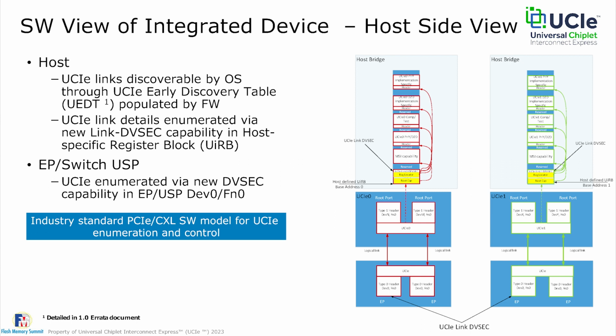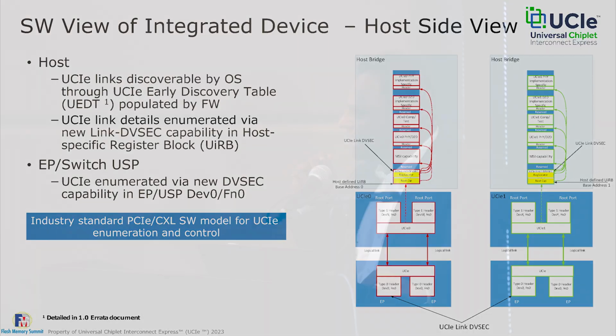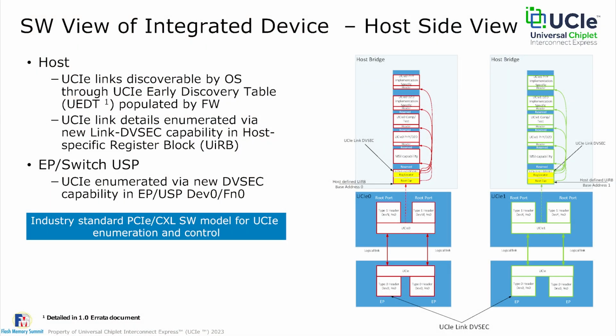Each one of them has a base address where it starts, so it's just an MMIO map. Firmware will populate it for the OS to come and discover these links, what sort of link it is, and the link properties. So there's an ACPI table which is going to be created by the firmware to do that.